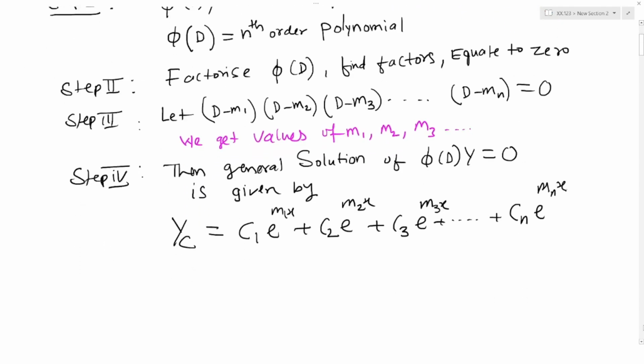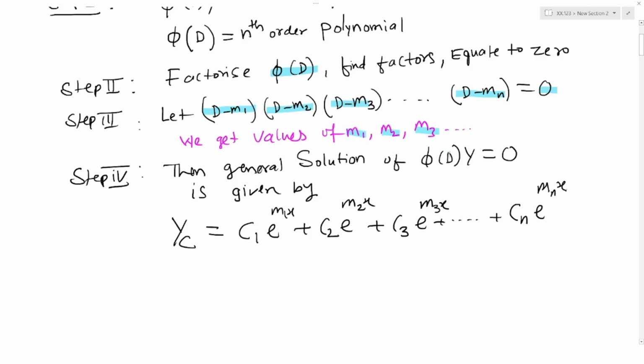Now step 2, we factorize phi of D and find the factors: D minus m1, D minus m2, D minus m3, and so on, D minus mn equals 0. So we get the various values of m1, m2, m3.